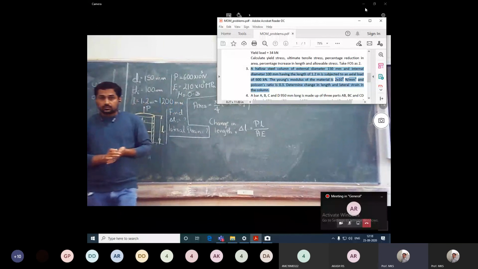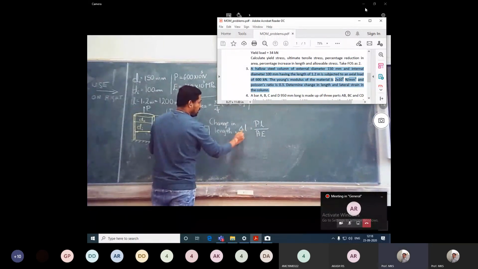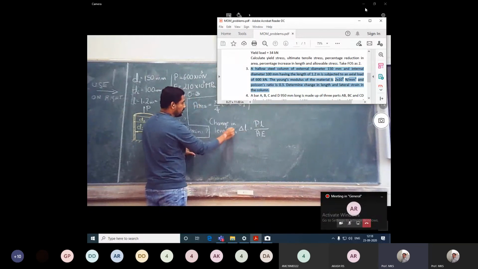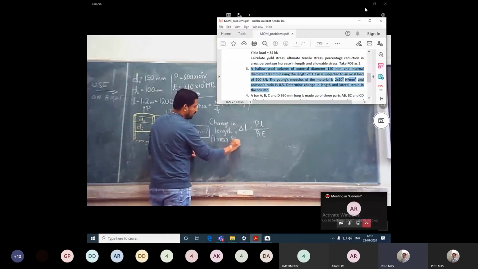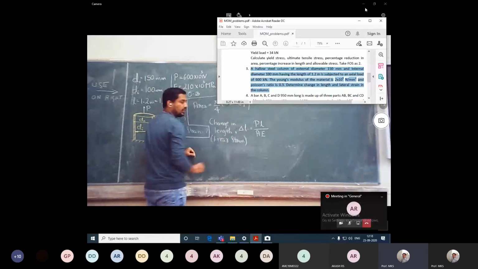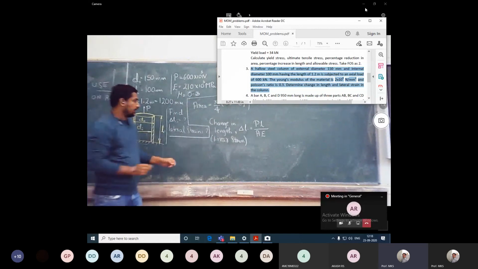Next, use Poisson's ratio. This change in length is nothing but the linear strain. So use this linear strain.